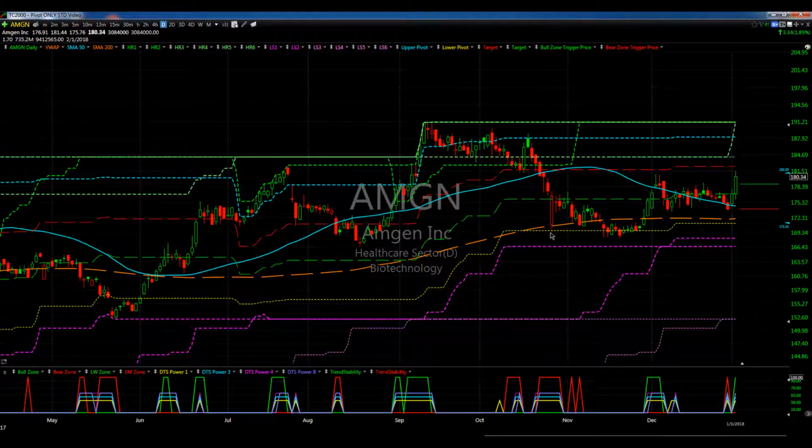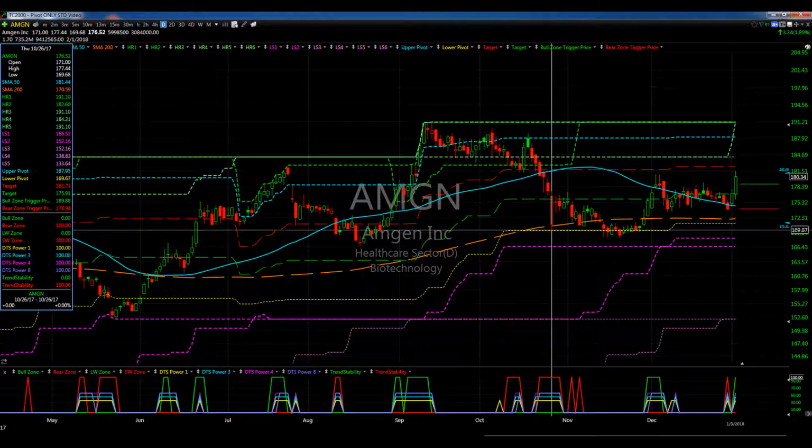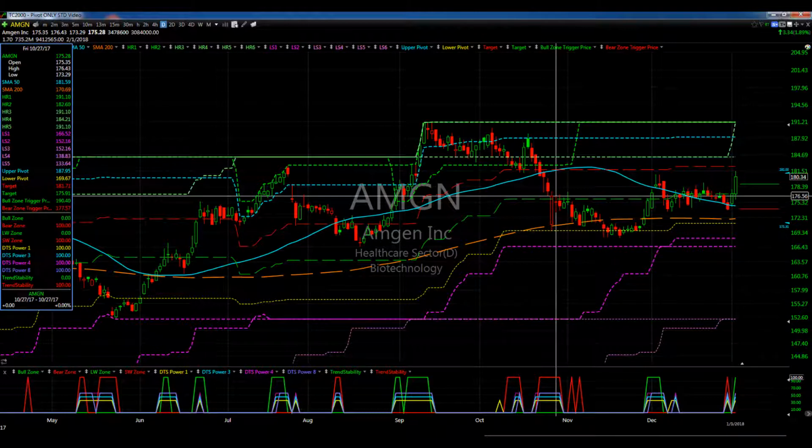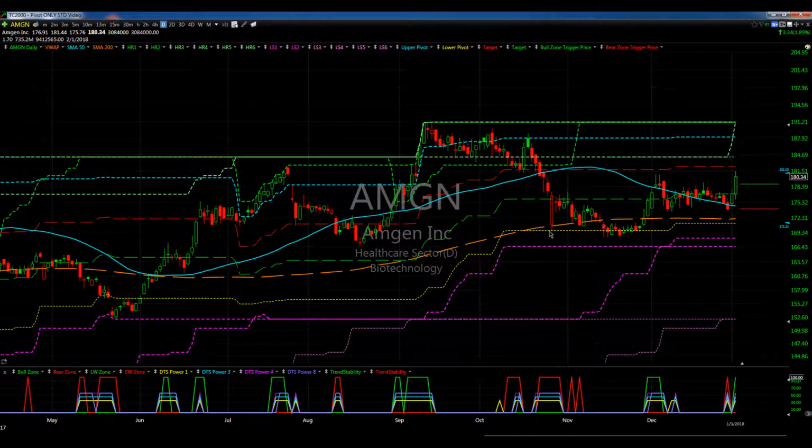Within 1 cent it held that line and bounced that day for a huge bounce. It's not a support level, but it's where I look for stocks to try to hold. It's where I look, if I'm short, say from here, this is where I'm looking to get out. I'm looking to move 2 levels, target 1, target 2, going up, target 1, target 2.